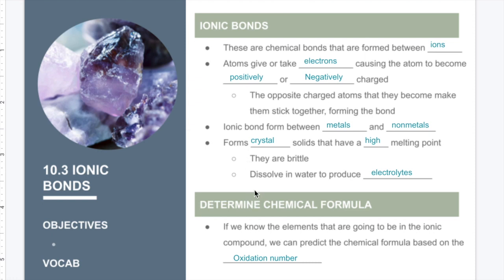When some of these crystals that are formed with ionic bonds are dissolved in water, they break up into their individual ion components and become electrolytes. So you've probably heard the term electrolytes before when you've heard about sports drinks like Gatorade. What they've done is taken these ionic crystal solids and dissolved them in water, and it produces these electrolytes.